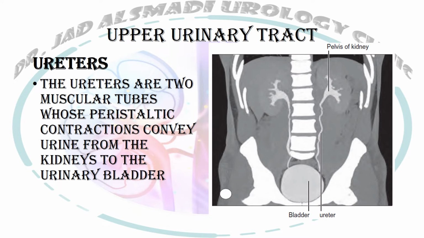The ureters are two muscular tubes whose peristaltic movement or contractions convey urine from the kidneys to the urinary bladder. So they are tubes that just function as urine transporters.